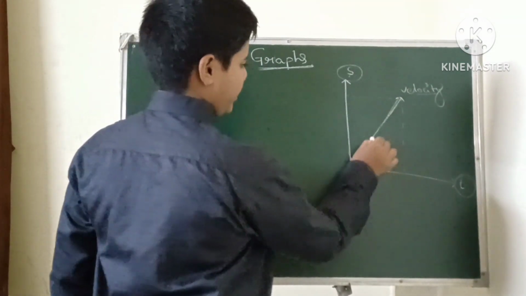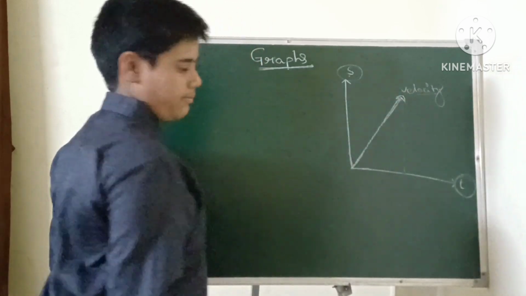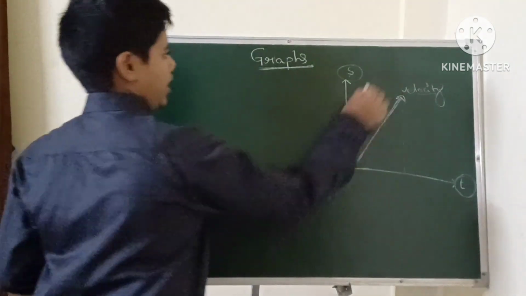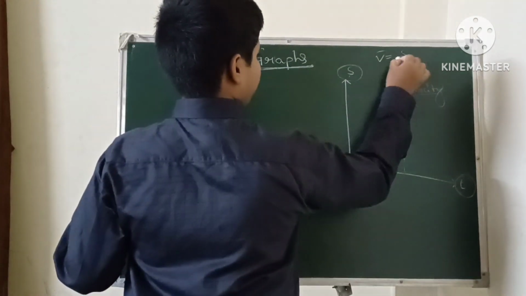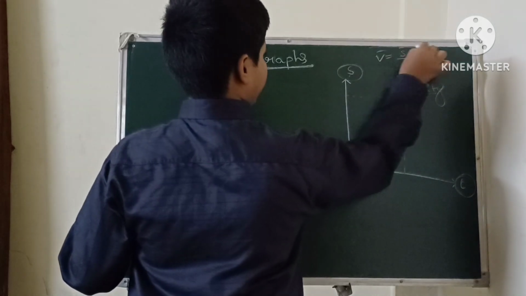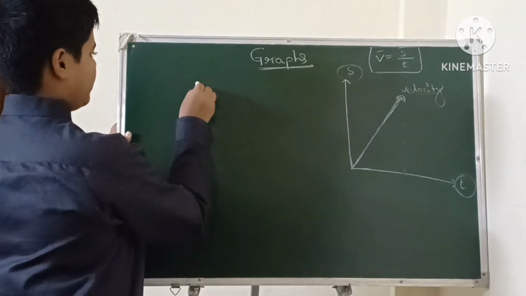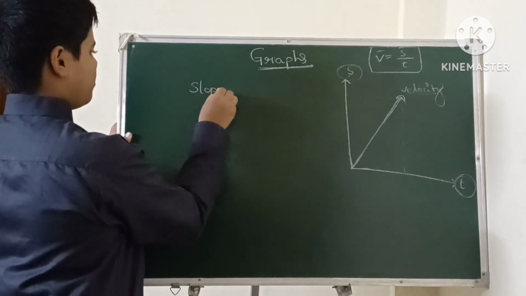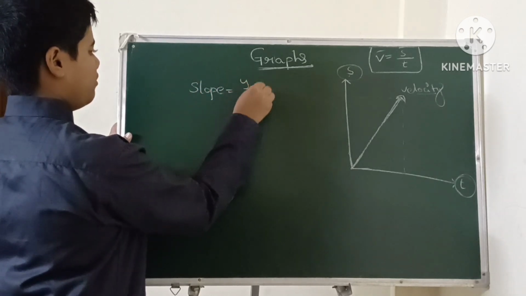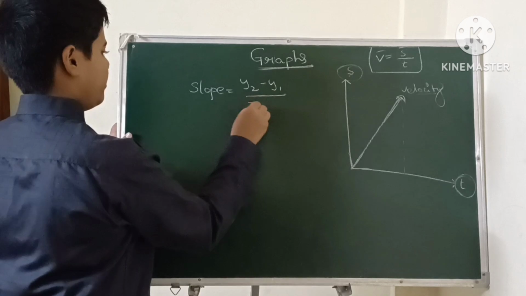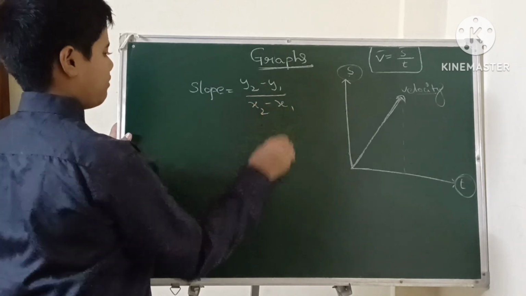This line represents the velocity. Okay, we know already velocity means displacement by time. Okay, so if we see here slope is nothing but (y2 minus y1) by (x2 minus x1).